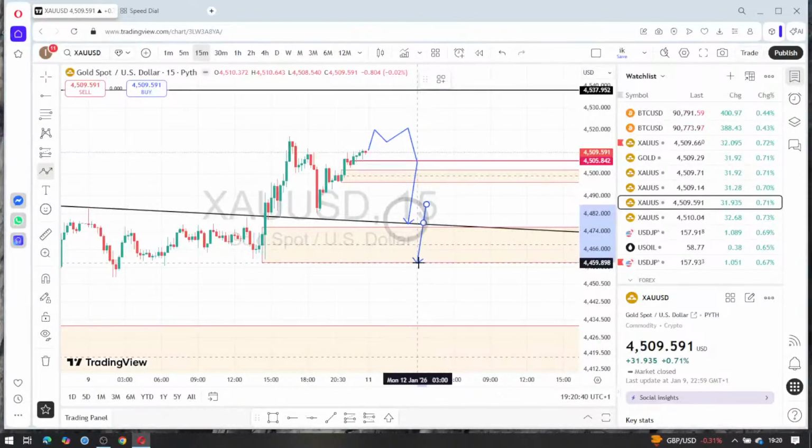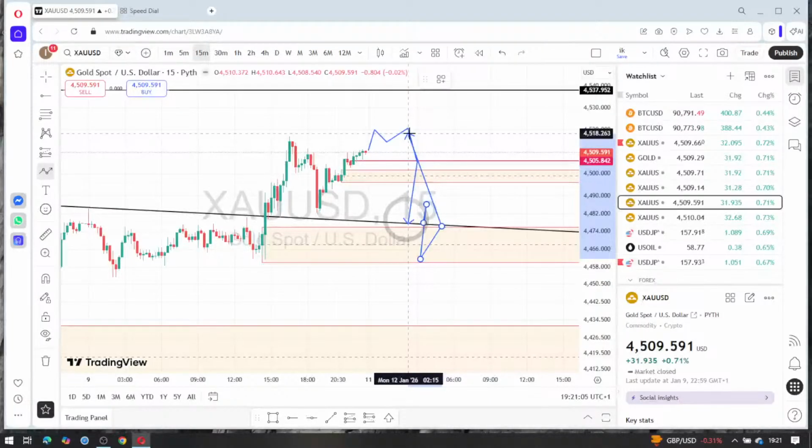Whatever happens, if you get to this level and it now gives you an entry trigger, a bullish engulfing, or a hammer, or any candlestick pattern that shows that buyers are coming to the market, what are you going to do? You take the trade, putting your stop loss below here, and then target this place.